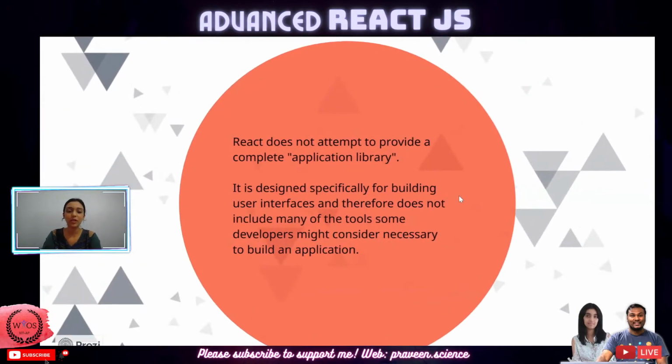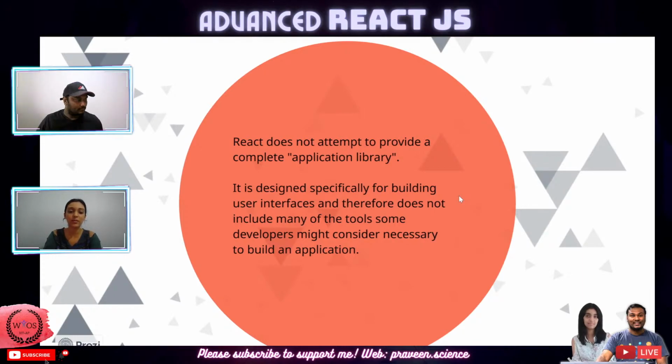React does not attempt to provide a complete application library. It is designed specifically for building user interfaces and therefore does not include many of the tools some developers might consider necessary to build an application. This allows the choice of whichever libraries the developer prefers to accomplish tasks such as performing network access or local data storage.